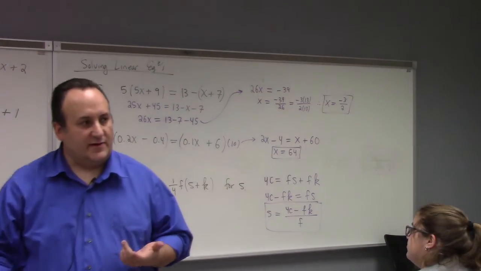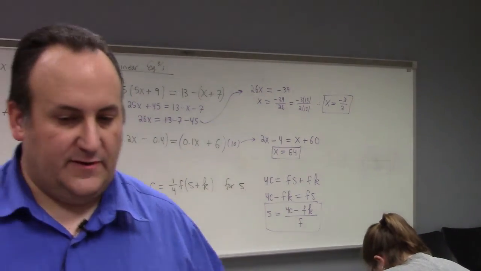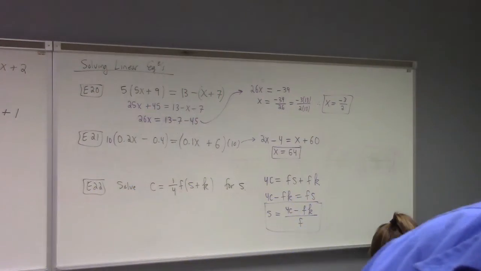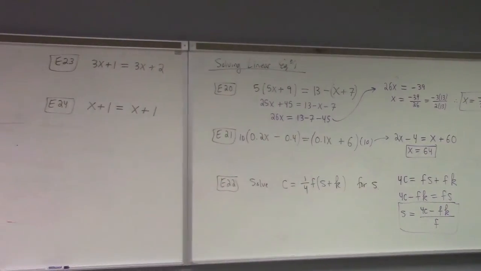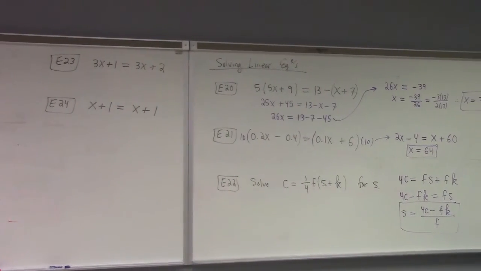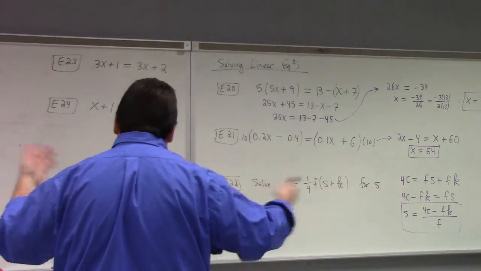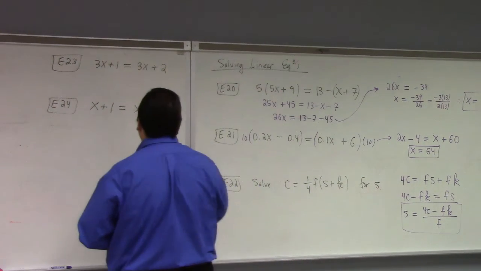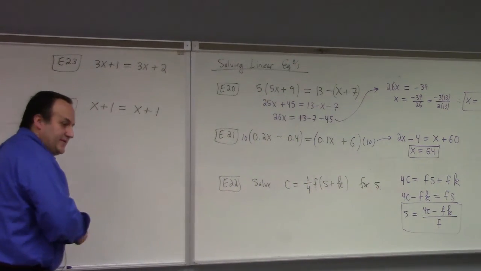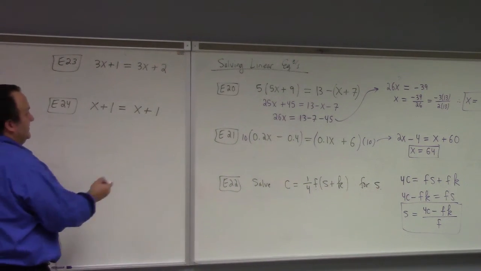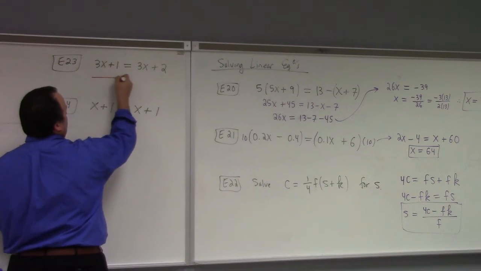These are also linear equations. One of them is what's called an identity, and one of them is inconsistent. Inconsistent means there's no possible choice of x which makes it make sense, right? For this one here, what happens when you subtract 3x from both sides?